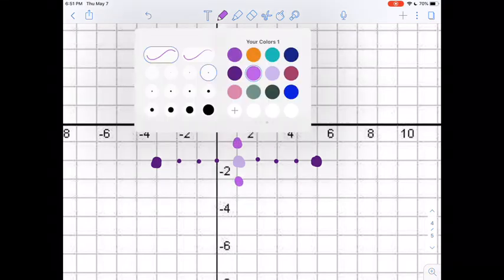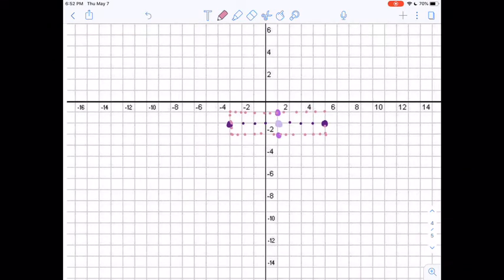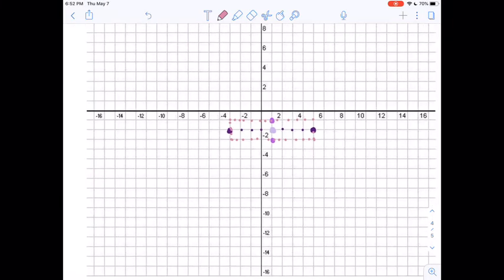So I have a small little rectangle right here that I'm creating with those points I just counted. Okay, remember that our asymptotes go through the corners of our rectangle and the center.